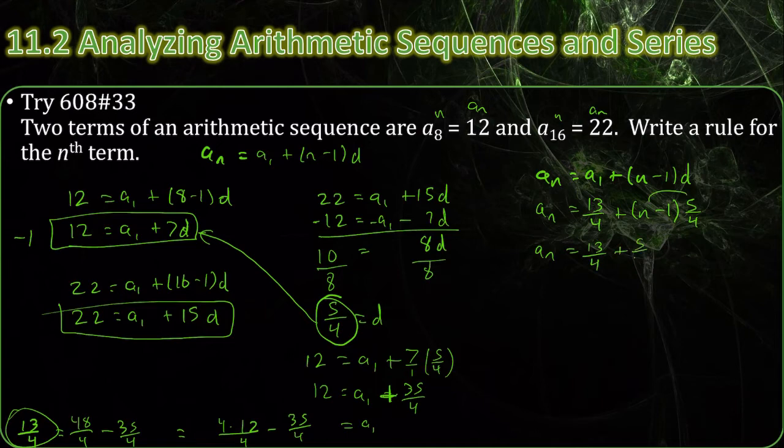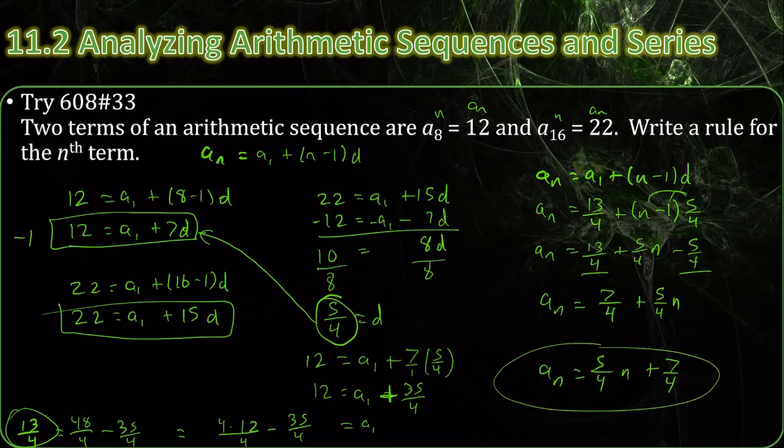So that'd be 5 over 4n minus 5 over 4. Combine like terms. 13 minus 5 is 7, and then 5 over 4n. Or maybe you wanted to write it as 5 over 4n plus 7 over 4. It doesn't really matter either way.